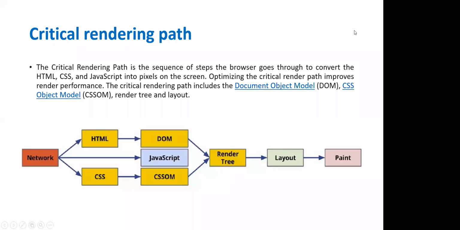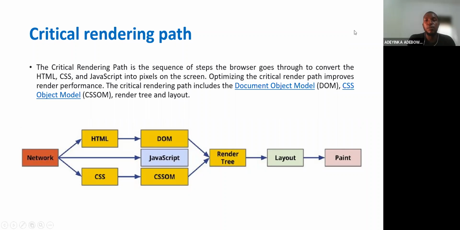The critical render path is the sequence of steps the browser goes through to convert the HTML, CSS, and JavaScript into pixels on the screen. Optimizing the critical render path improves render performance. The critical render path includes the document object model, the CSS object model, that's the CSSOM, the render tree, and layout.